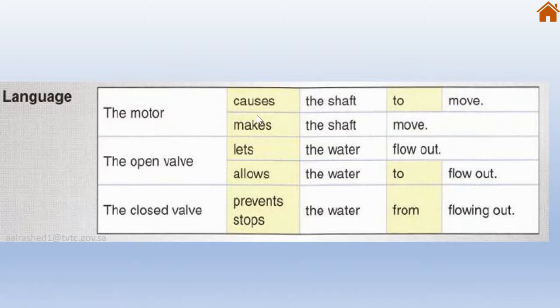Let's see let and allows. I use let and allows if I want to give permission to someone. Okay. For example, all the students inside the classroom need permission if they want to go out. Otherwise, they will have consequences. If one of the students wants to go out, he needs to ask for permission.